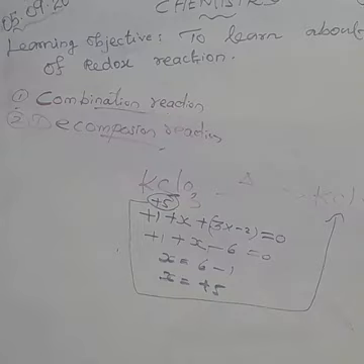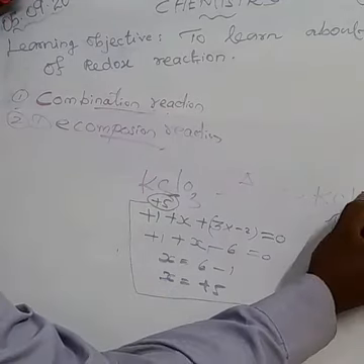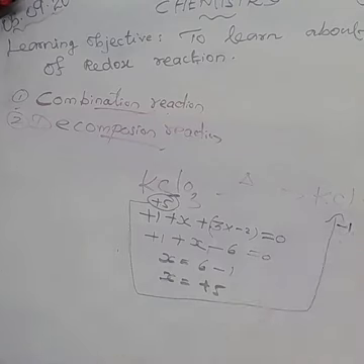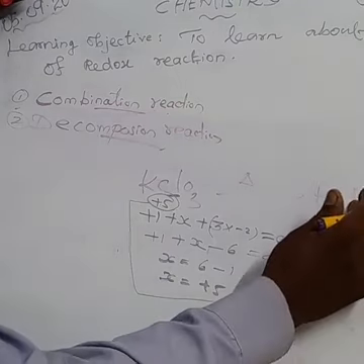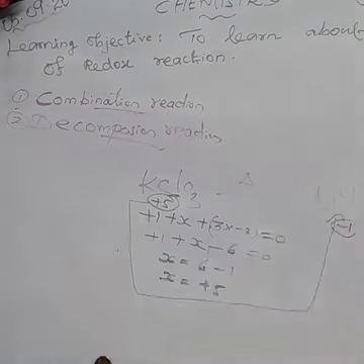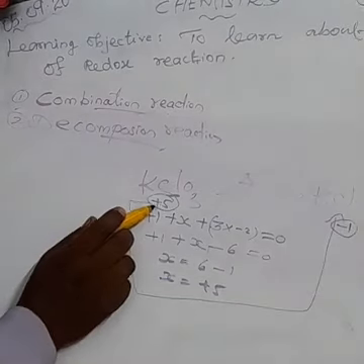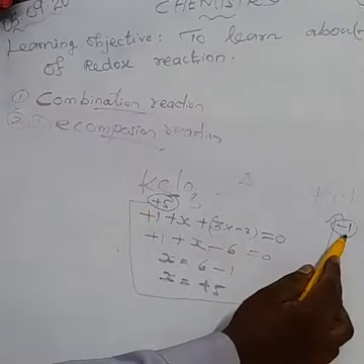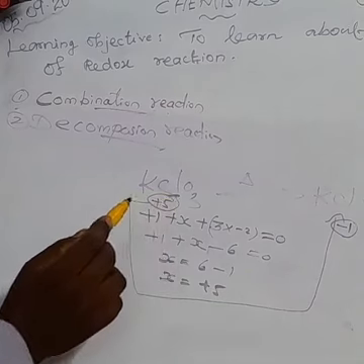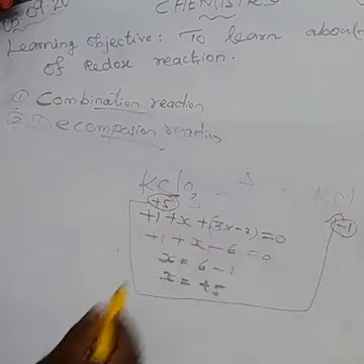That means we are seeing the halogen group: fluorine, chlorine, bromine, iodine. These are negative elements, and the charge is -1. Here chlorine has +5, here chlorine has -1.